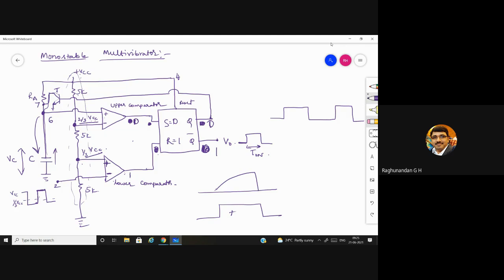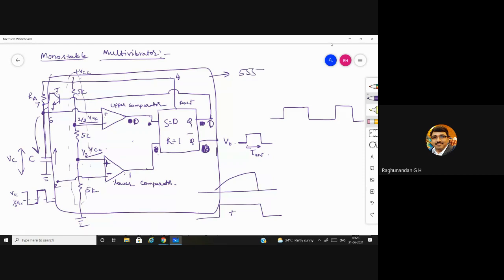That we will see. For this monostable multivibrator, we have a derivation. Also, we need to explain this monostable multivibrator using the 555 timer IC directly. Actually, whatever we have here, this entire thing is the internal part of the IC. Inside the IC, we'll have all these circuits.